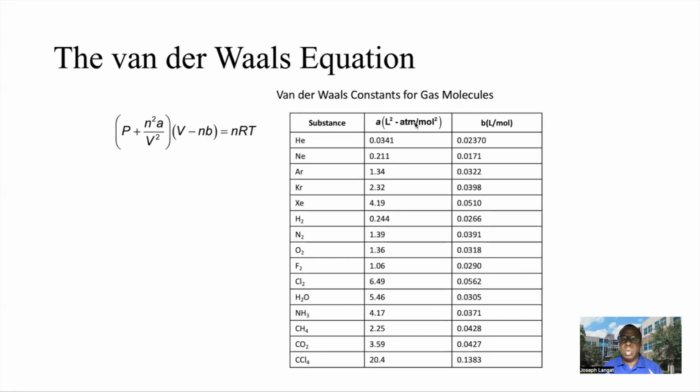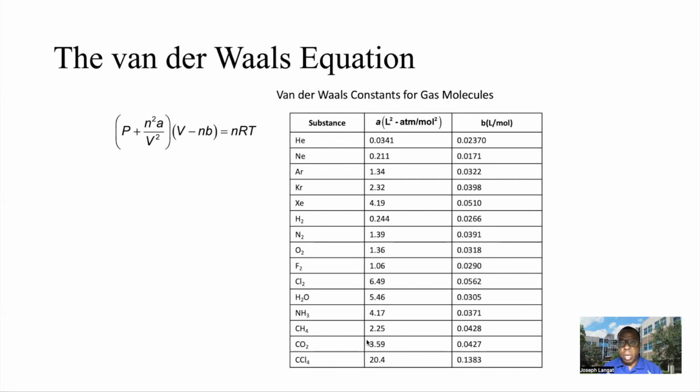A is the pressure correction in the van der Waals equation, and B is the volume correction. Look at where B is. Now, these are just common cases you will encounter in the van der Waals equation. You will be given them in the problem. You have to know how to use them. Let's say a question is based on CO2, for example.